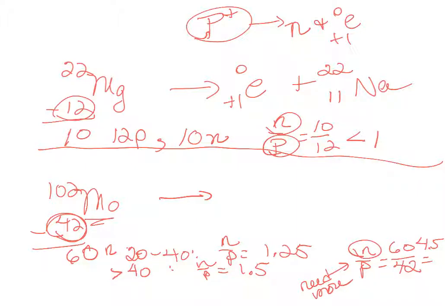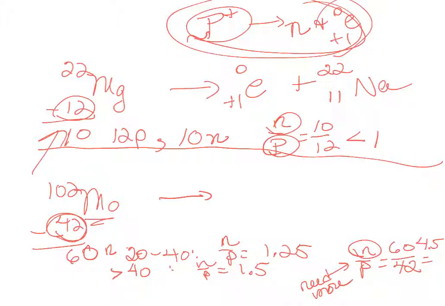All right, so that's very similar to the magnesium problem. So it would be positron emission, which would mean you take a proton from molybdenum and it decays into an extra neutron and a positron. And so we'll write our positron here.